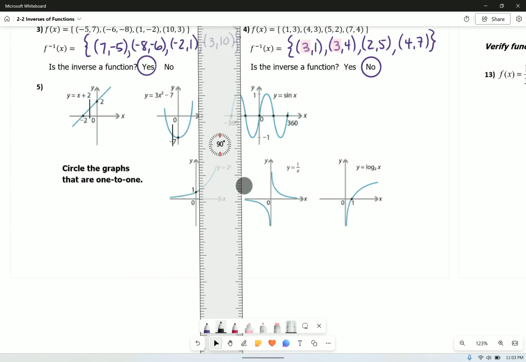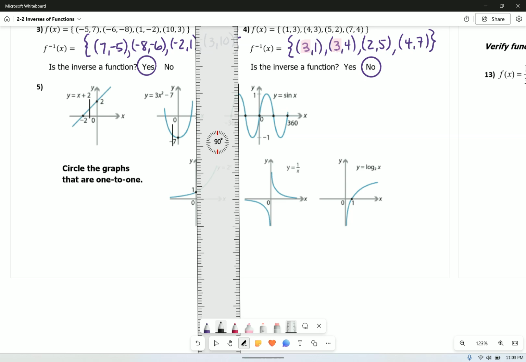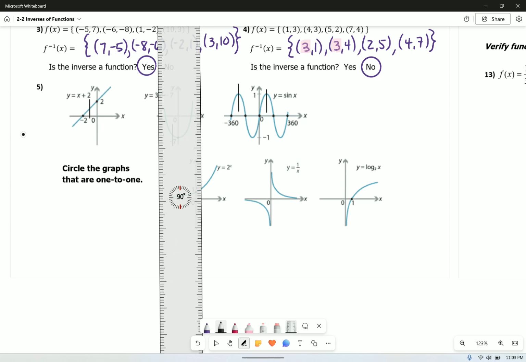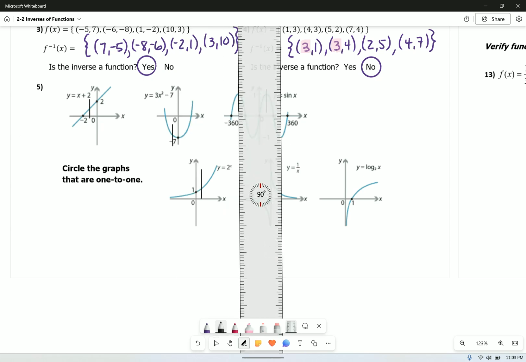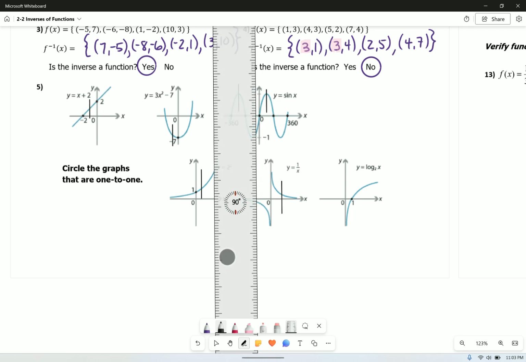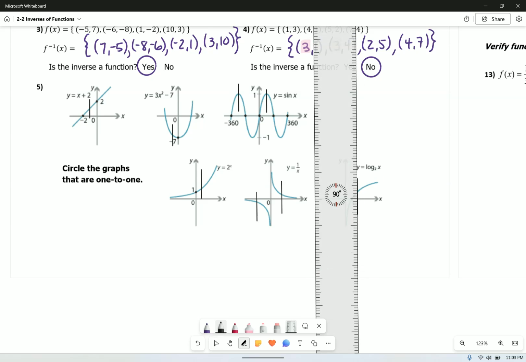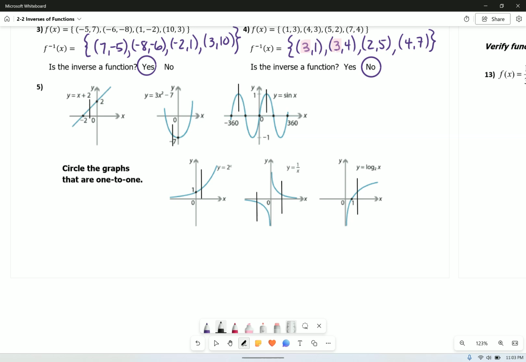Anywhere that I drew this vertical line on these graphs, every single time, as you can see me drawing, it touched one time, anywhere on your graph. So I'm just randomly putting this ruler anywhere, and every single time it touched one time, anytime I drew the vertical line test, okay? So, whoops, I meant to erase. So every single one of these graphs is a function, all right?